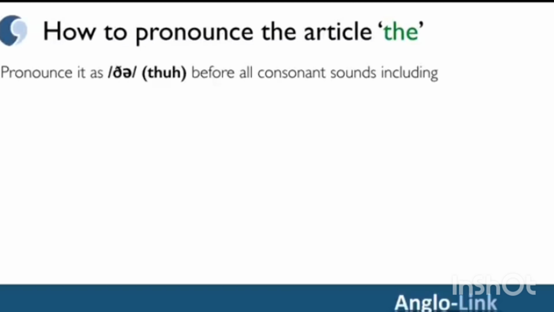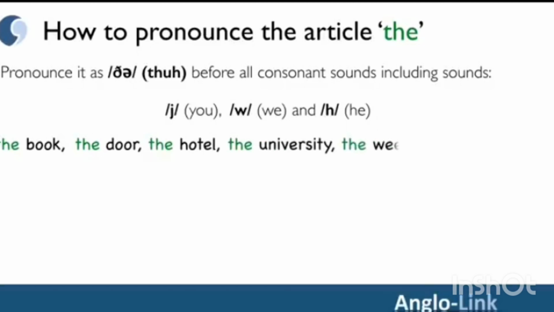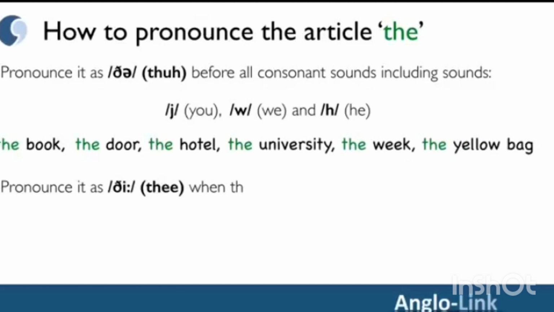Pronounce it as "thuh" before all consonant sounds, including sounds y as in you, w as in we, and h as in he. For example, the book, the door, the hotel, the university, the week, the yellow bag. But pronounce it as "thee" when the next word begins with a vowel sound.